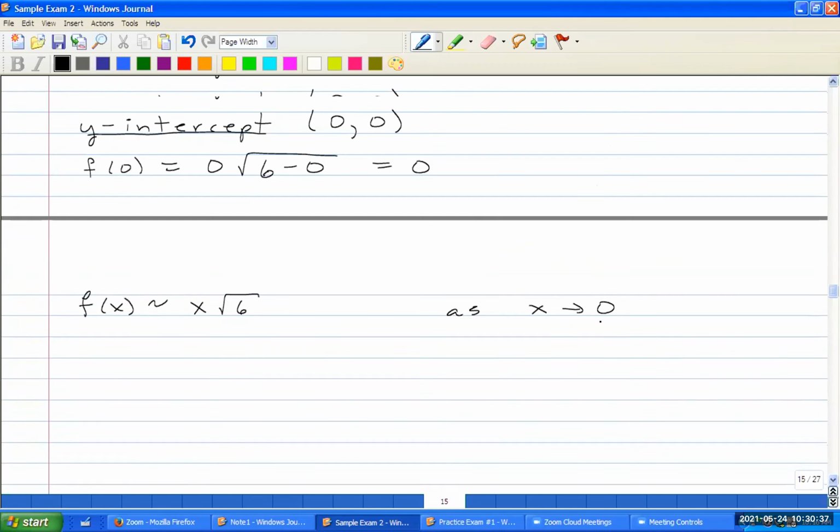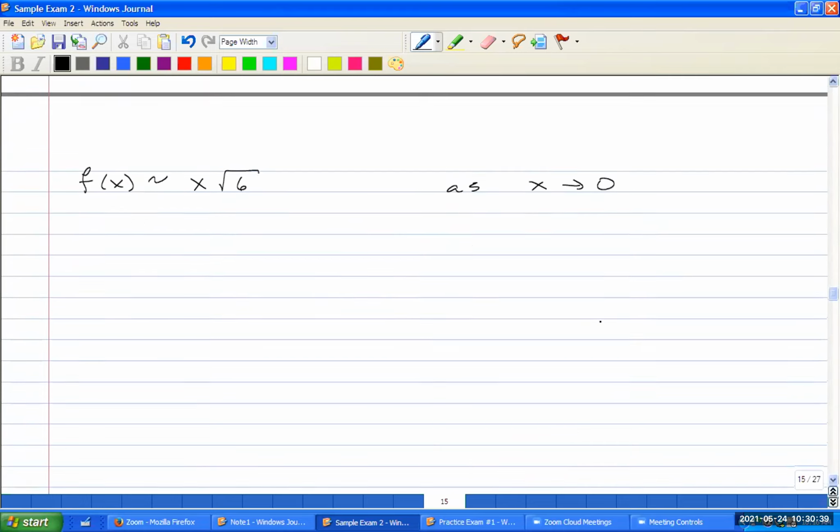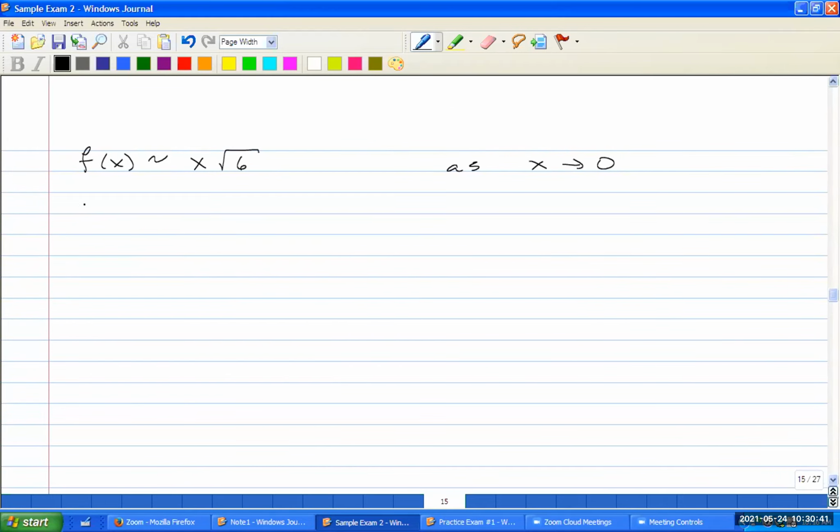Oh, and the x-intercepts. And so I have here that when is f of x equal to 0, so x, radical x minus 6, radical 6 minus x.